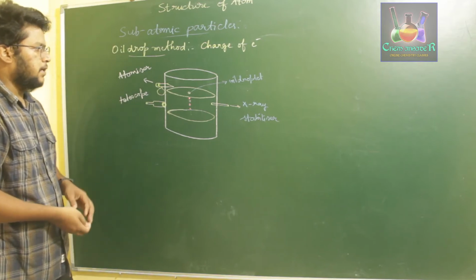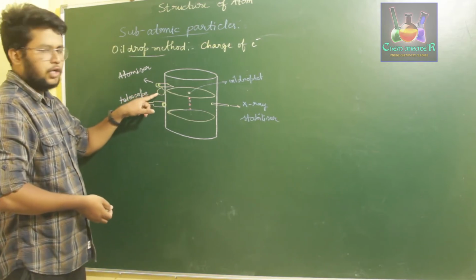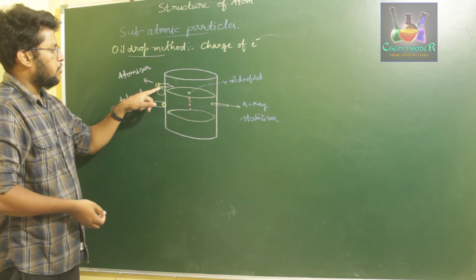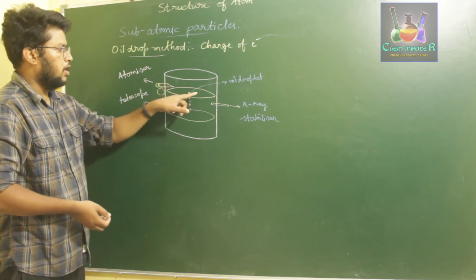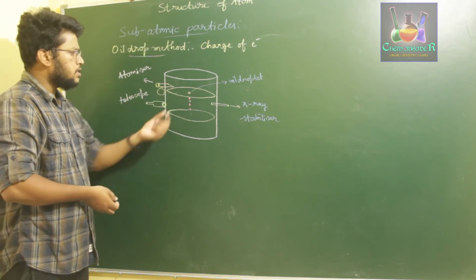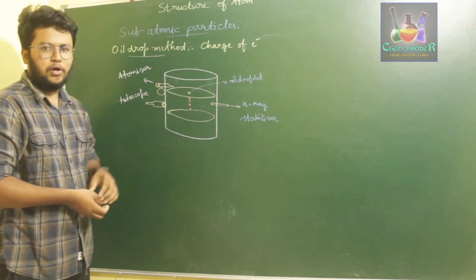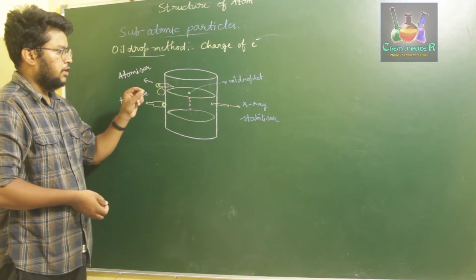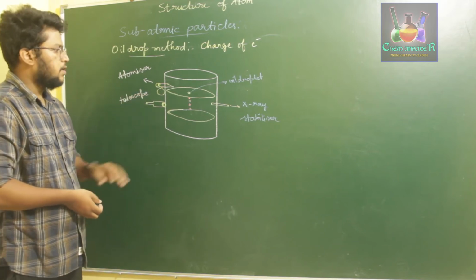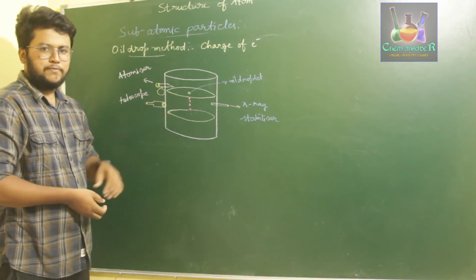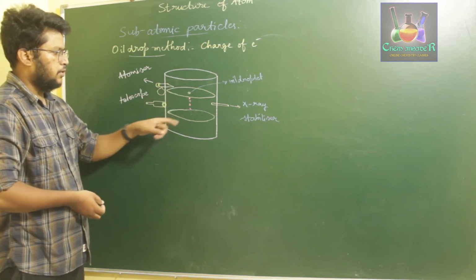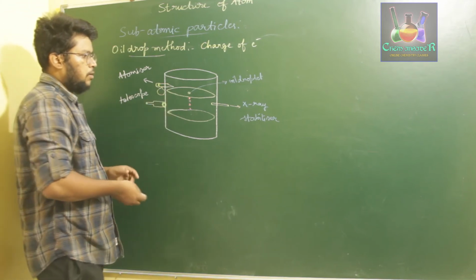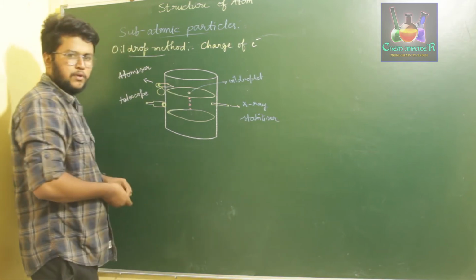So in this experiment, he took an atomizer and made it drop a certain amount of oil on the upper plate. Since the hole on the upper plate is small, it allowed only 1 drop at a time. The rate of droplets moving from the upper plate to the lower plate was controlled by the X-ray stabilizer.